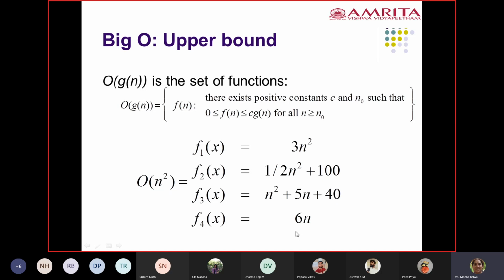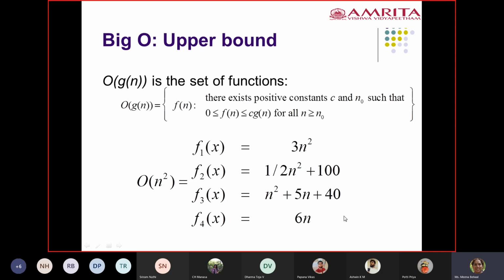Now this is written here: 6n. All of you will say that it should be big O of n as per the rule, right? But if you ask whether f(n) equal to 6n is O of n square or not, yes, it comes in that class.